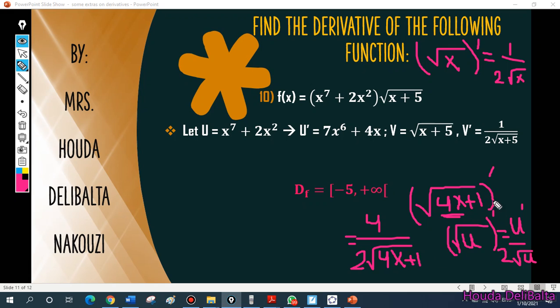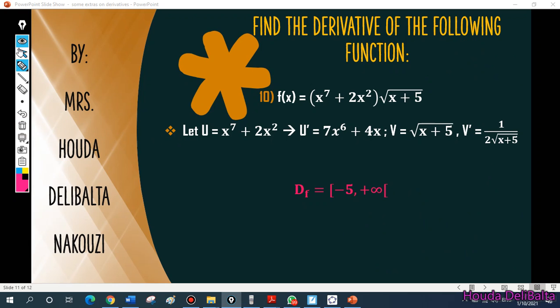Okay, so we consider that u is 4x plus 1. We find its derivative, which is 4, and then we divide by 2 radical u. But here radical x plus 5 has the same idea as radical x, so directly we put that v prime is 1 over 2 radical x plus 5.